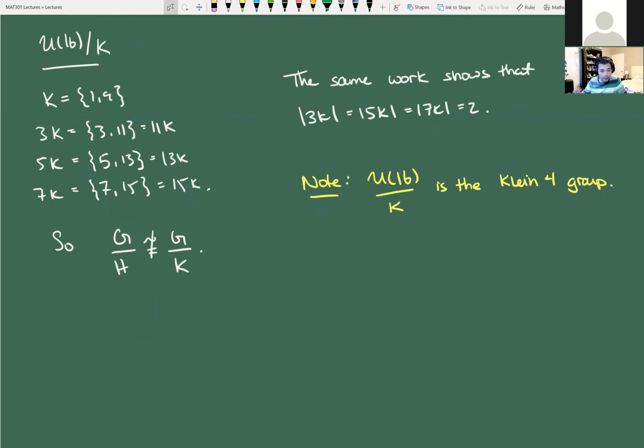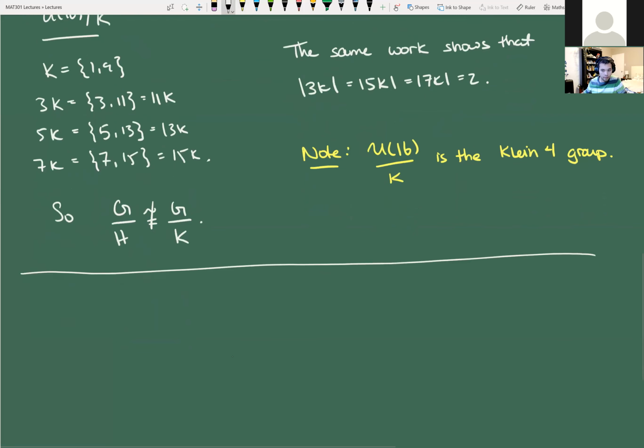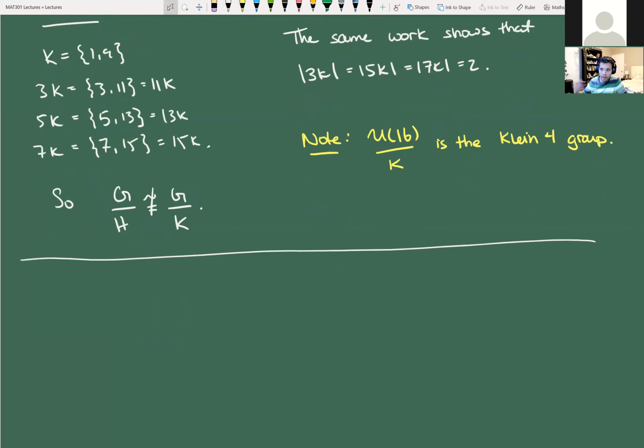Okay. And by the way, does anyone know what I'm talking about when I say a finite simple group of order 2? Has no one ever seen that? That was a huge thing when I was an undergrad, but it might not be anymore. That's not what I wanted.